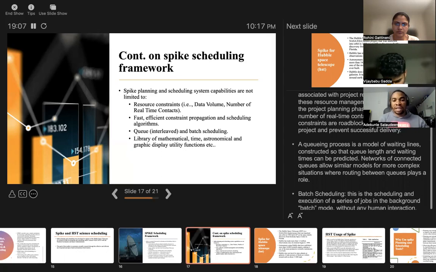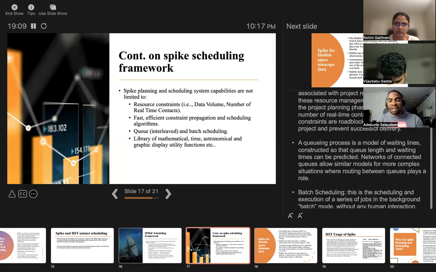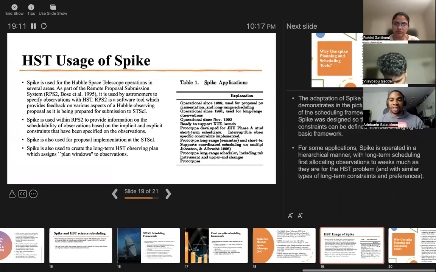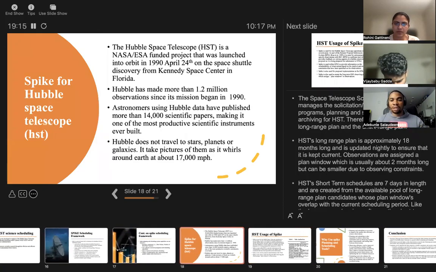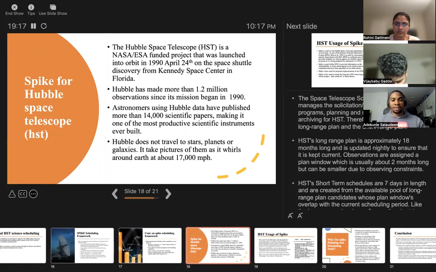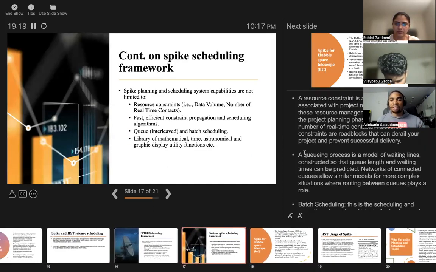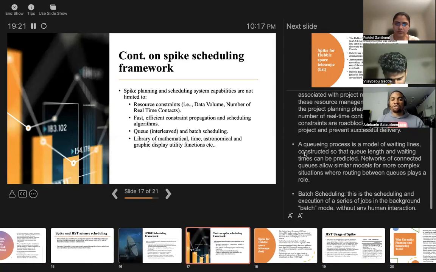Now, looking at the queuing process, the queuing process is a model of waiting lines constructed so that queue lengths and waiting times can be predicted. And batch scheduling is the scheduling and execution of a series of jobs in background batch mode without any human interaction. Next slide, please.